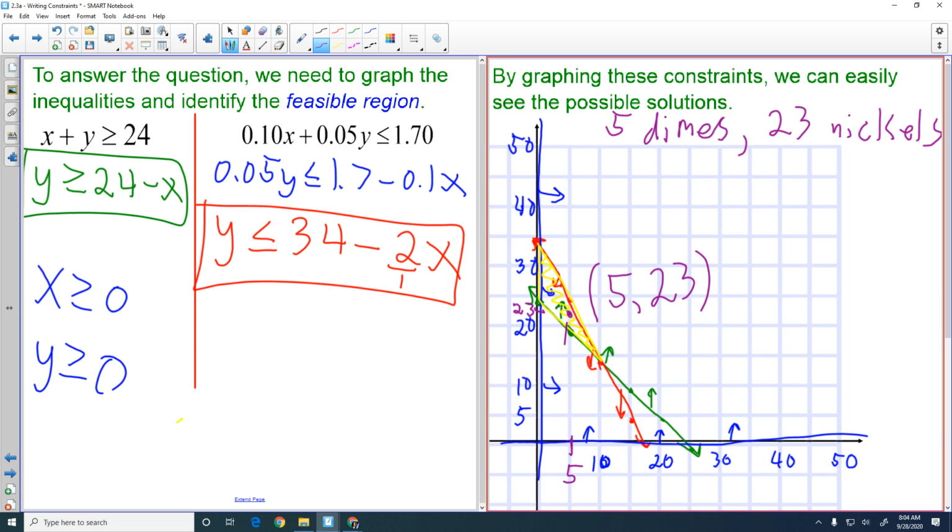If I add those up, do I have at least 24 coins? Yep. And then if we multiply those out, 5 times 10 cents is 50 cents. And then 23 times 5 cents is 115, or $1.15. $1.15 plus 50 cents gives us $1.65. So that is less than $1.70, so it works.